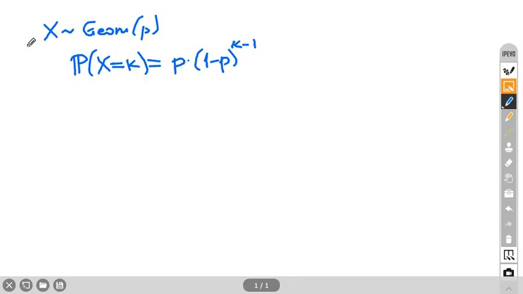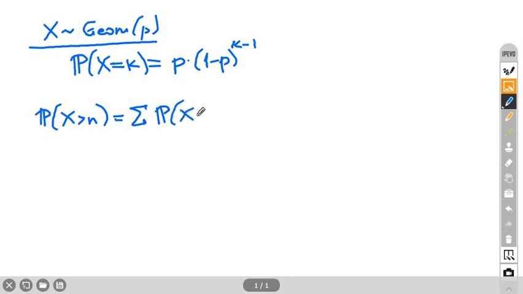So this is what this means. Okay, so we want to calculate the probability that X will be larger than n. So this is equal to the sum of the following probabilities, because we will have disjoint events. So X is equal to K, K is running from n plus 1 to infinity.